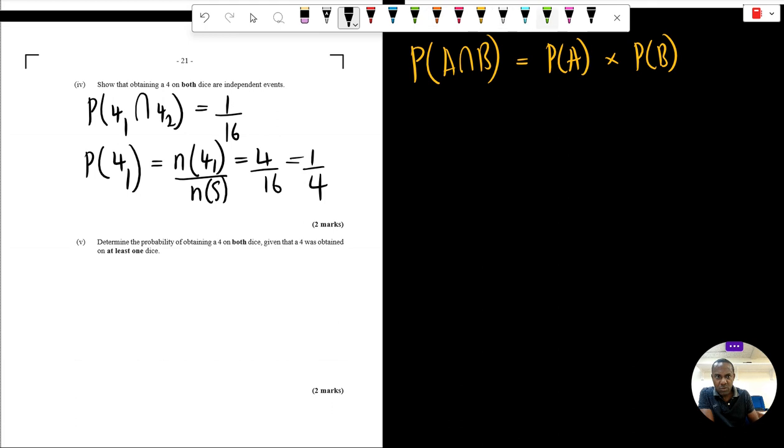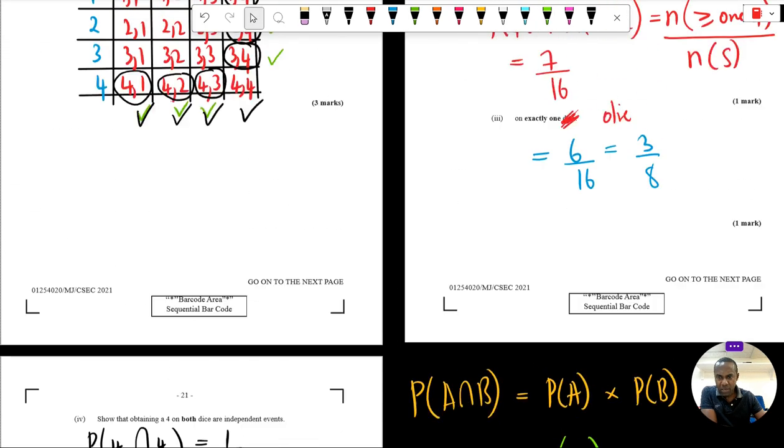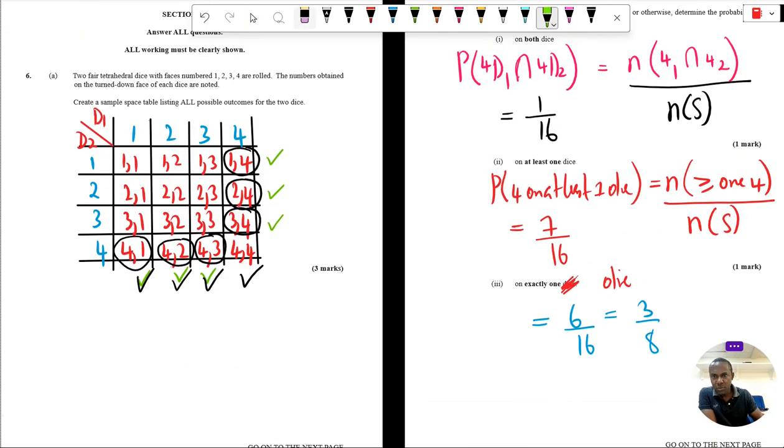Similarly, since we want to find the probability of obtaining a 4 on die 2, that is equal to the number of outcomes where we have a 4 on die 2 divided by the total number of possible outcomes in the sample space. And once again, if we go back to our table, we will count the number of outcomes where we have a 4 on die 2.